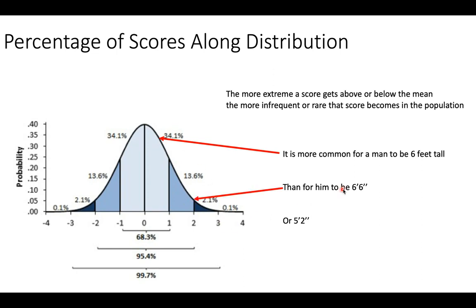But the probability of a man being 6'6", which is 5'10" plus 4 inches, is right around 5%. Right? So it's much more common for a man to be 6 feet tall than to be 6'6" or to be 5'2".